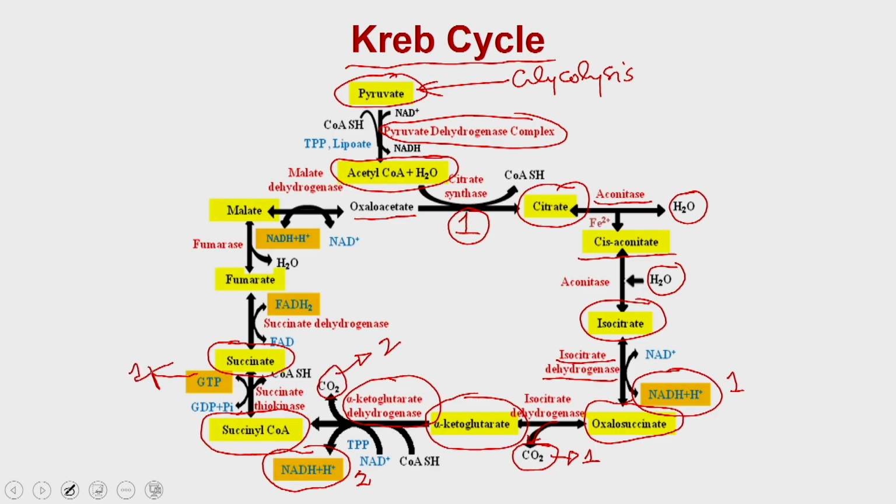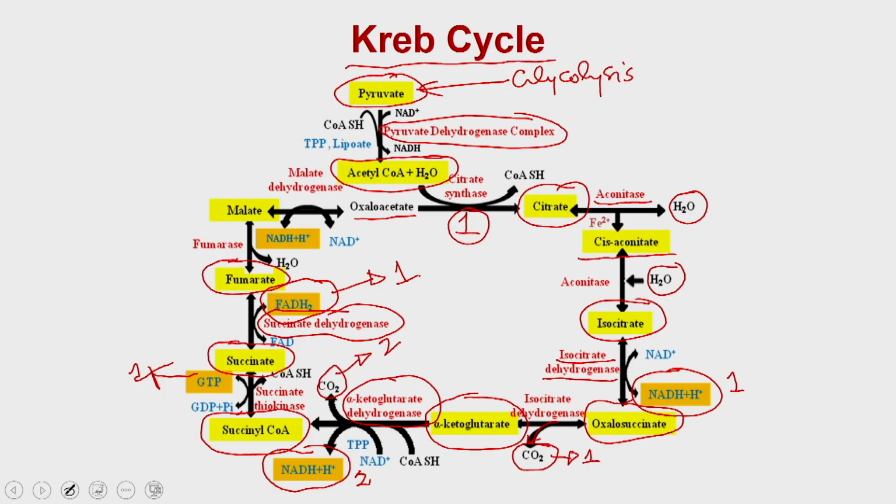Now, the succinate is converted into fumarate with the help of the enzyme succinate dehydrogenase, and a molecule of FADH2 is produced, which is the first molecule of FADH2, a reducing equivalent. So far in the Krebs cycle we have generated two molecules of NADH.